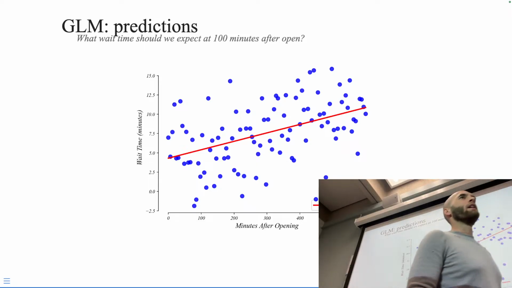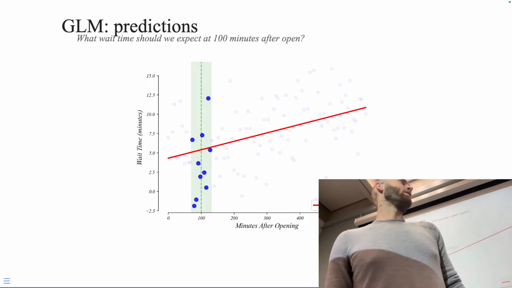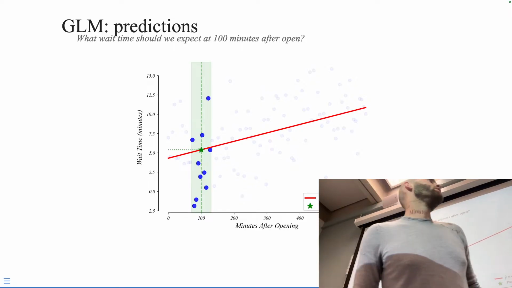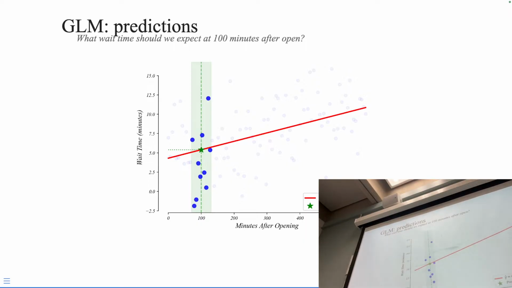So I'm just going to plug 100 into my model, and that's going to give me a prediction of the wait time. If our model is correctly specified, this will give us the average wait time at 100 minutes. In this case, what's that, 5.4?